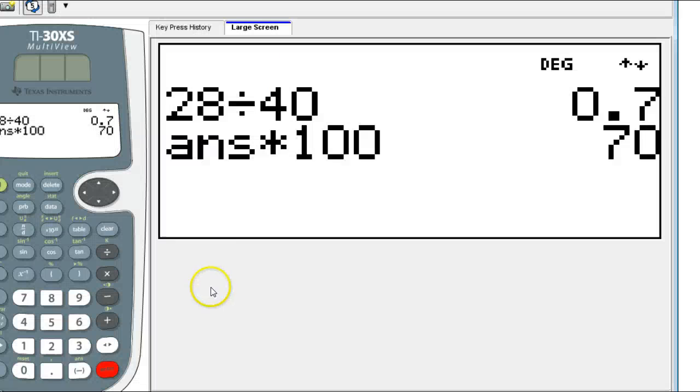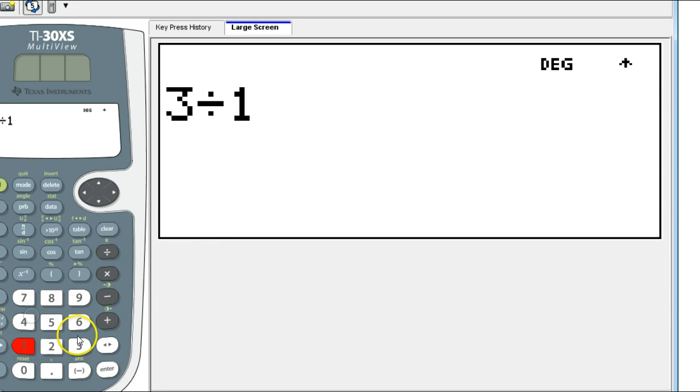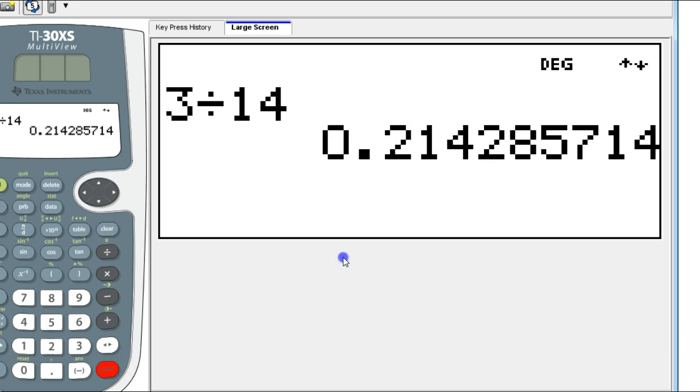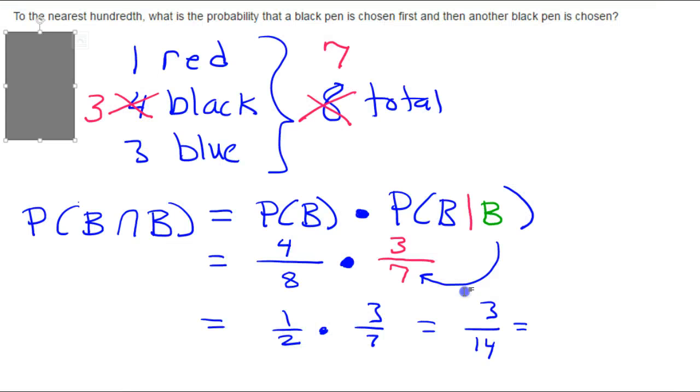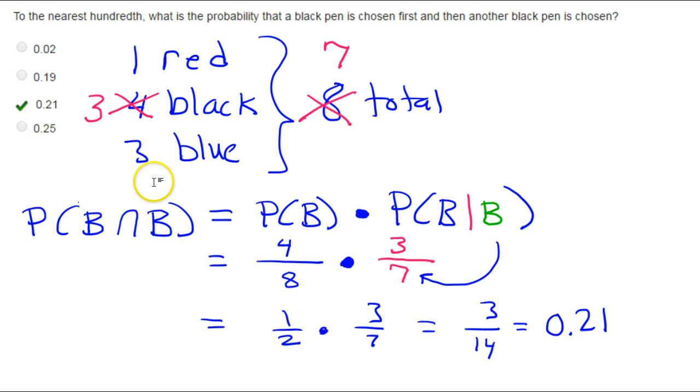So 3 divided by 14. Okay, that's 0.21. Or 21%. Okay, kabam.